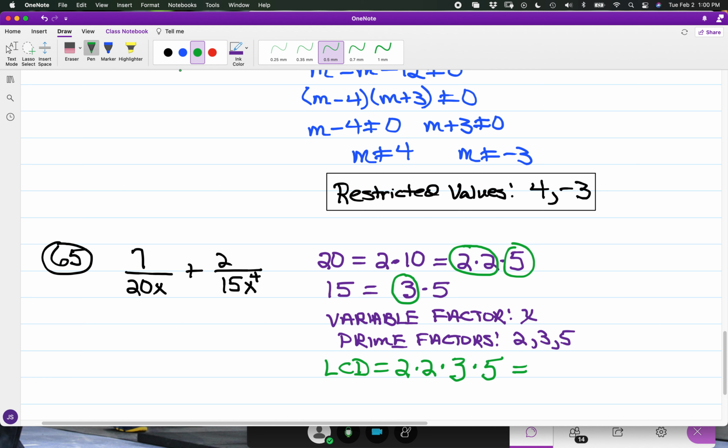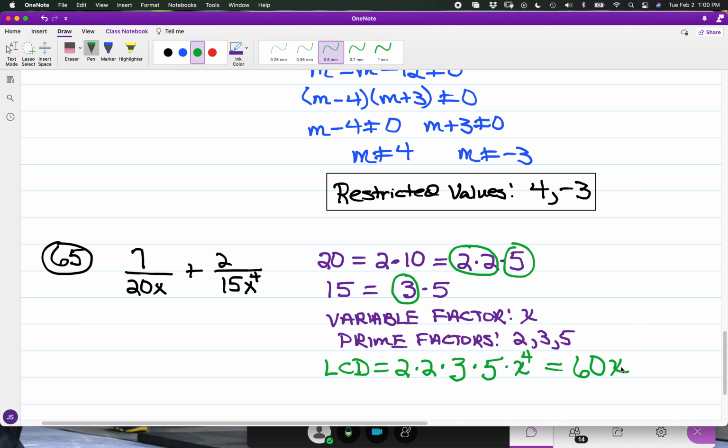And then for the variable, you have the variable factor x, and so you have the highest degree representation of x, which is going to be x to the 4th. So for the least common denominator, you have 4 times 3 is 12, 12 times 5 is 60.